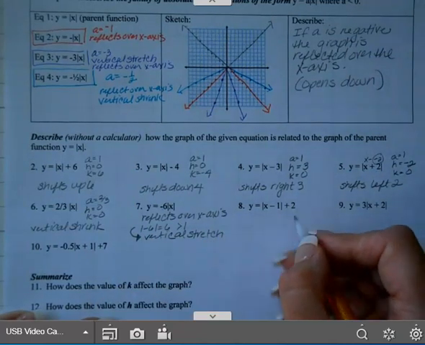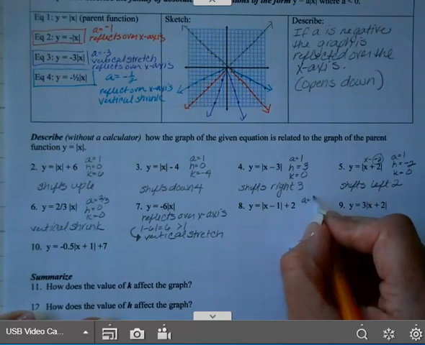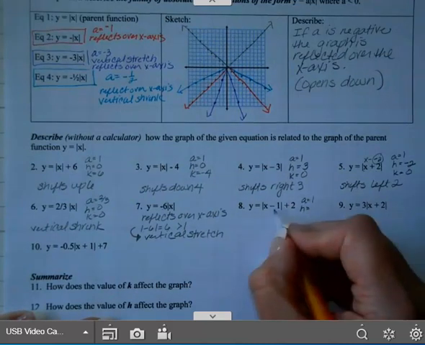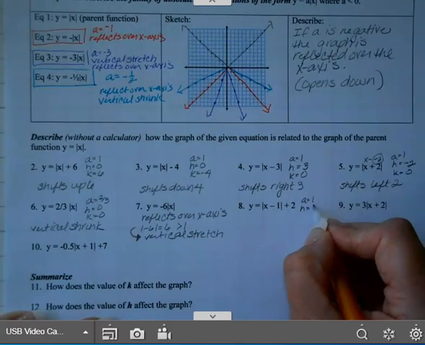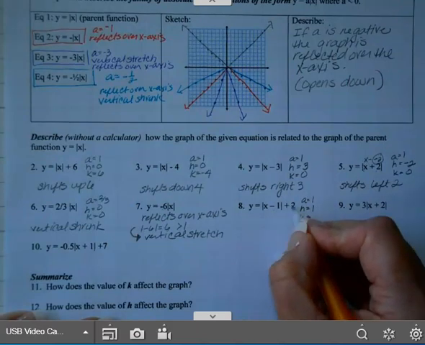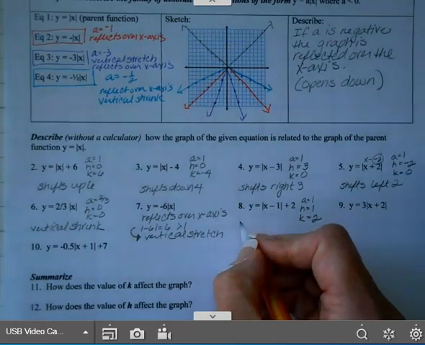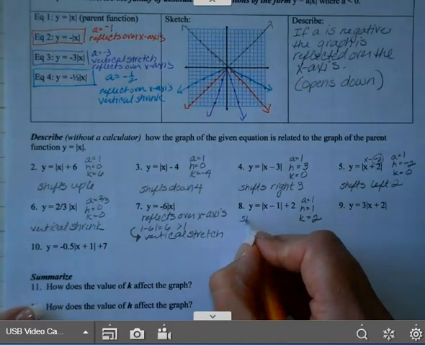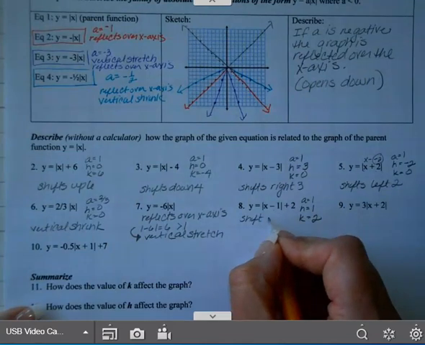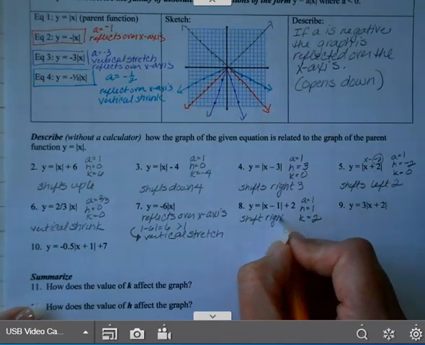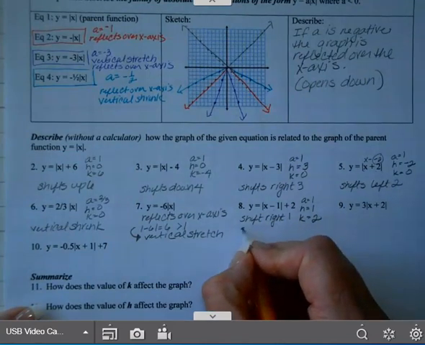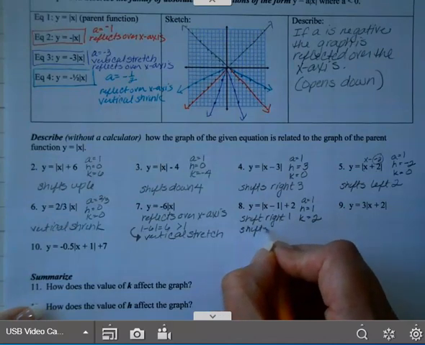On the next one, A is 1, H, you have to do an opposite for H, so H is 1, and K is this actual value, so K is 2. So for this graph, we're going to shift right 1, and we're going to shift up 2.